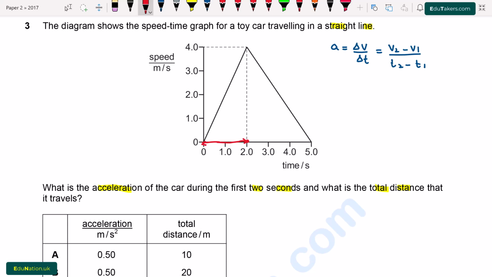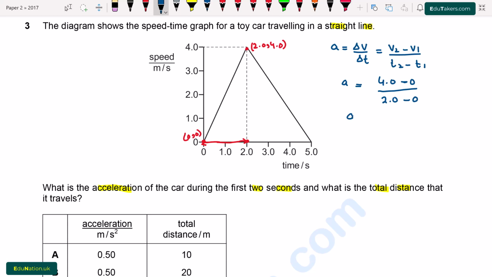So I take the first point here at origin, 0 and 0, and the second point is here, 2.0 and 4.0. Now I am going to put values here. Acceleration will be equal to 4.0 minus 0 divided by 2.0 minus 0.